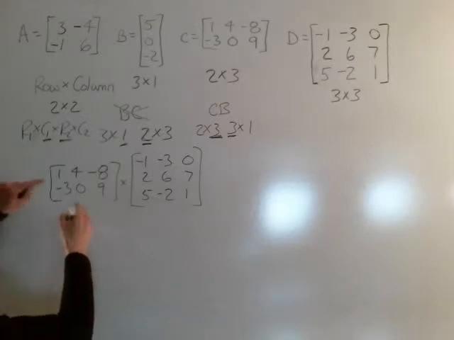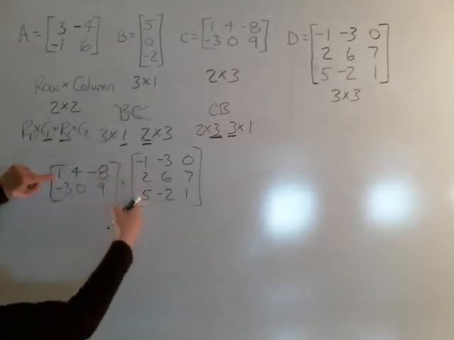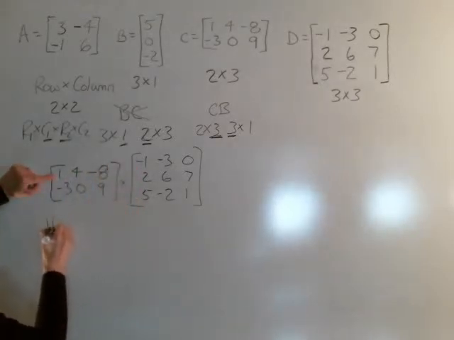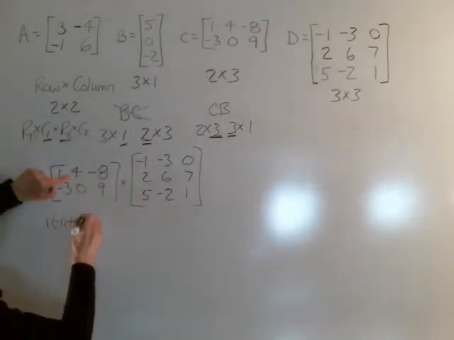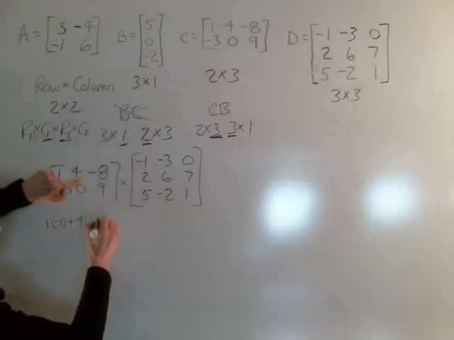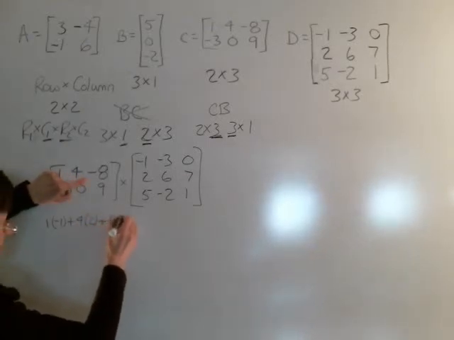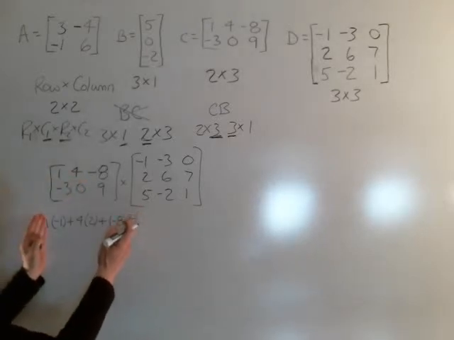So this first row times this first column gives me 1 times negative 1 plus 4 times 2 plus negative 8 times 5. That gives me one number in my final matrix.